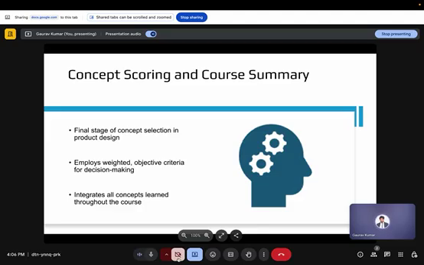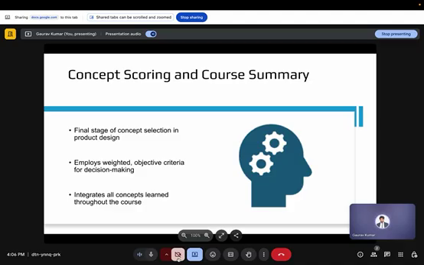This stage brings together all prior learning, functional decomposition, specification development, and concept generation into a single evidence-based decision process. It marks the shift from creativity-driven ideation to data-driven evaluation, ensuring that the chosen concept meets both technical and human-centered expectations.